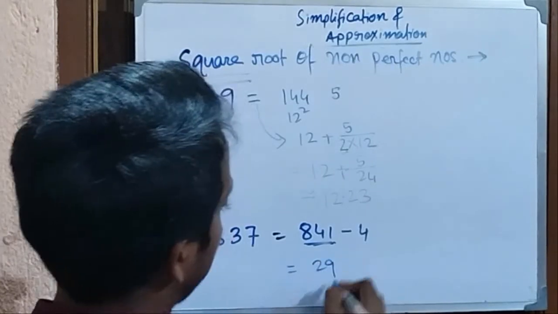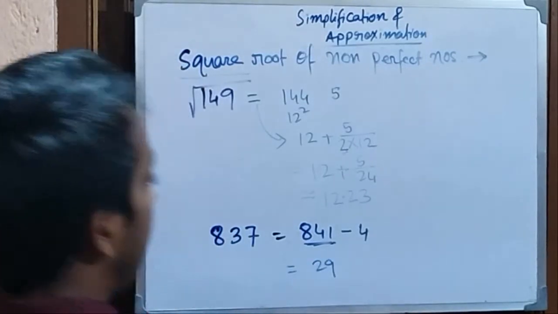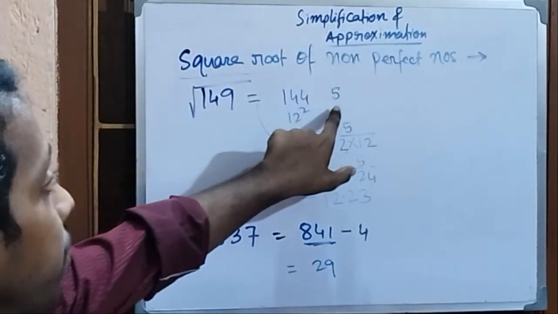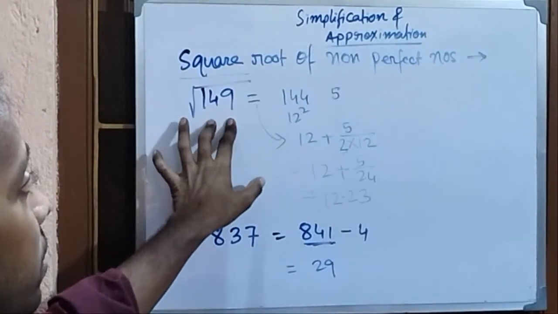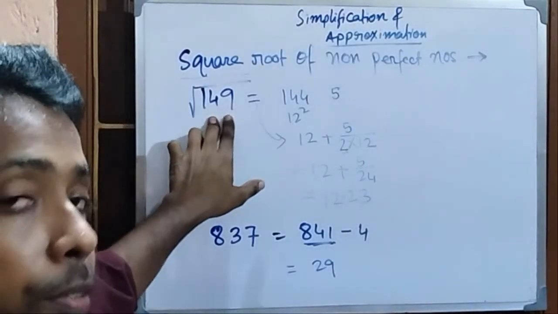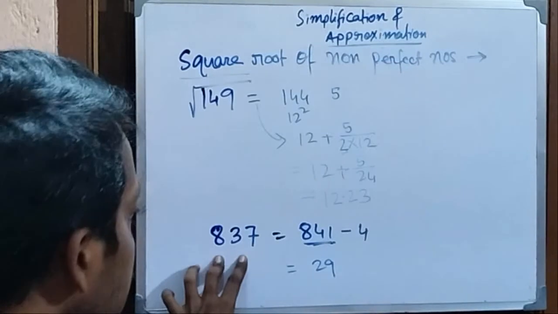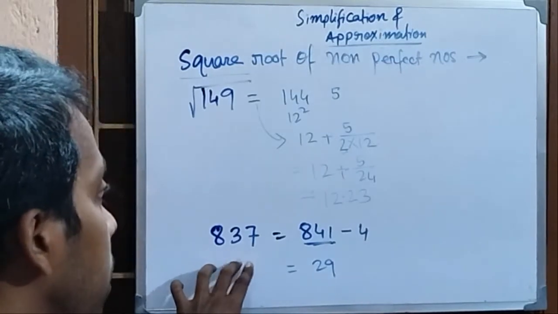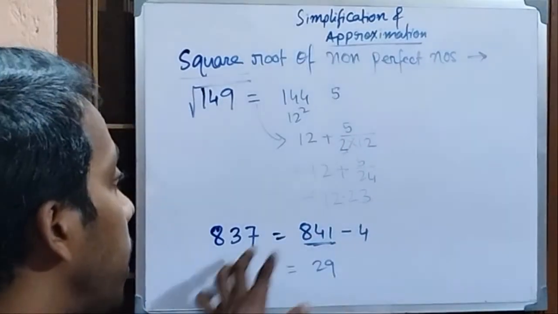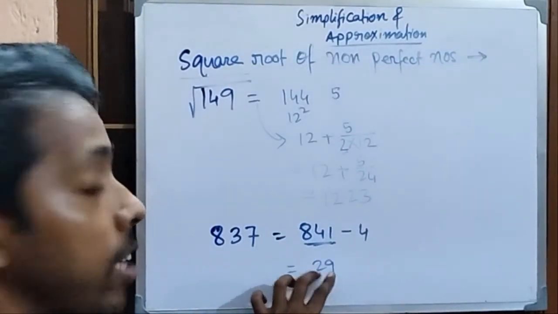So this is 29 square, write it here, and see one case here. Here it is 144 plus 5, right? The number given itself is more than the closest perfect square number. Now here in the 837 case, this is close to 29 squared but less than the 29 square value.